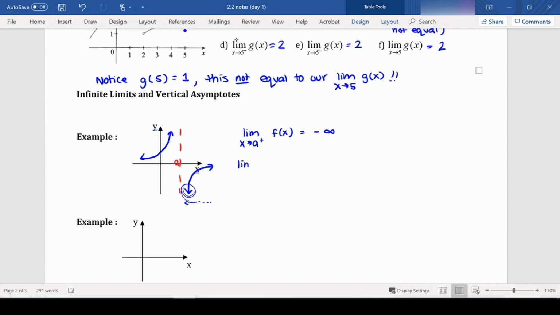Okay. If we had the limit as x approaches a from the left, this would equal positive infinity, because as you approach that a value from the left, this y value is increasing forever. So therefore, our overall limit would be does not exist, because one of them is infinity and one of them is negative infinity. Okay.